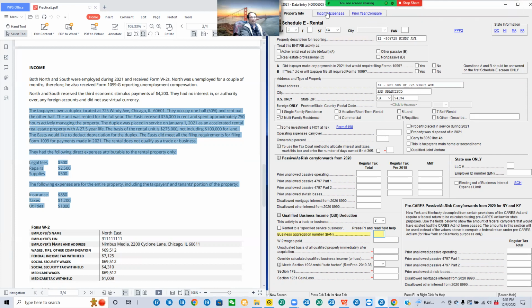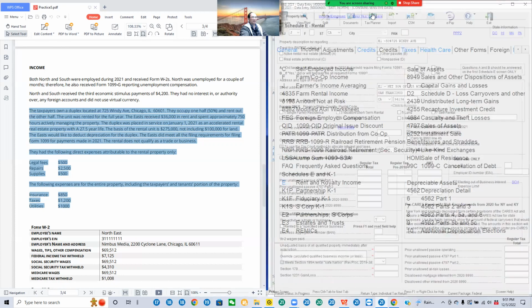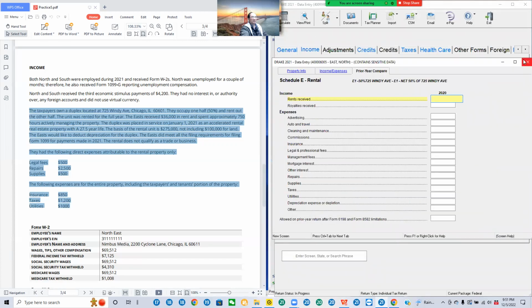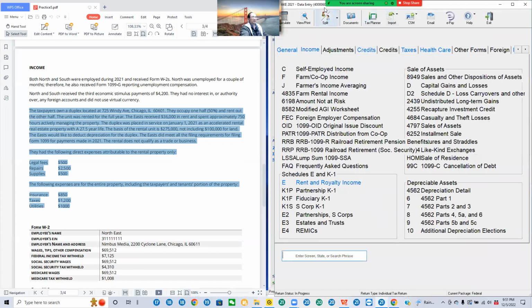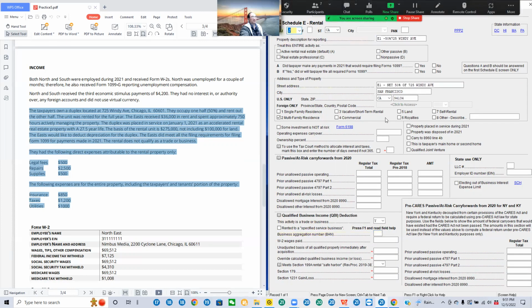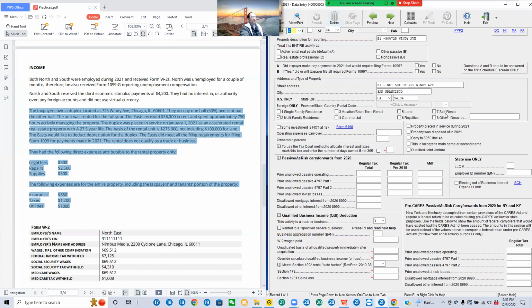I don't have any prior information. But normally, if you have a client come in, you input the prior information in here so that the software will generate a comparison for you, and then you can see the reasonableness of this year's tax return, whether the numbers sound right.